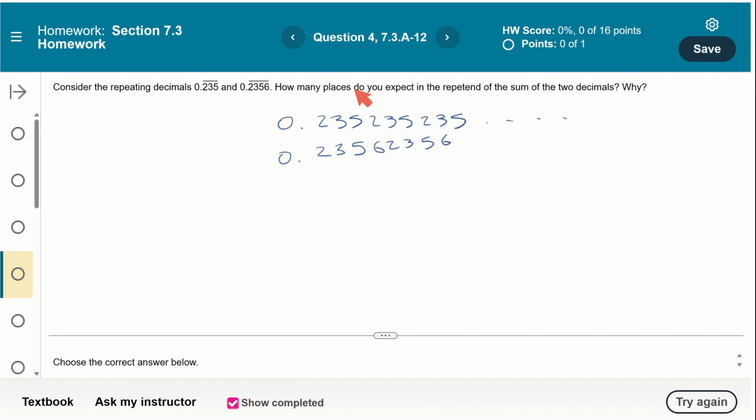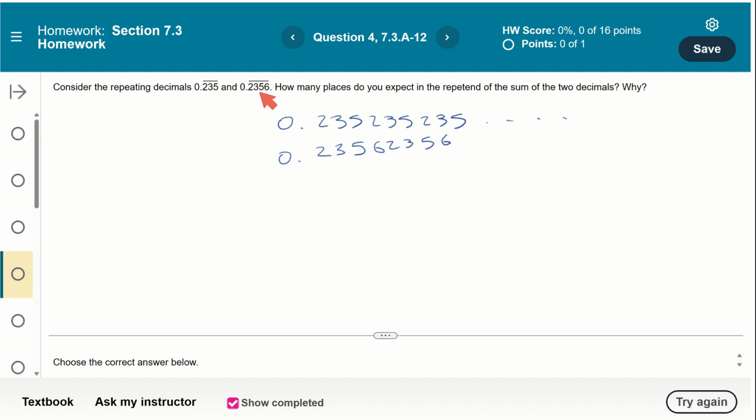The question is, if we were to add these two, how many places do we expect the repeatant of the sum of the two decimals to have?